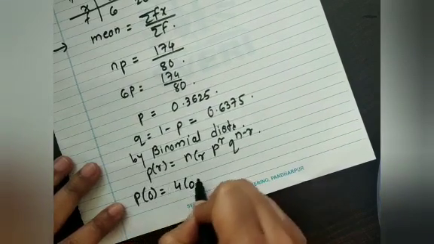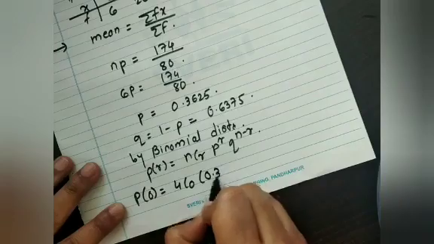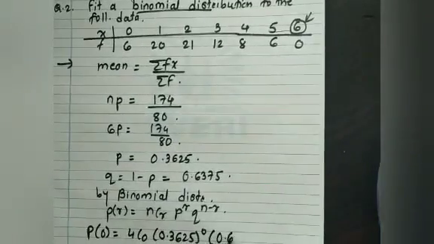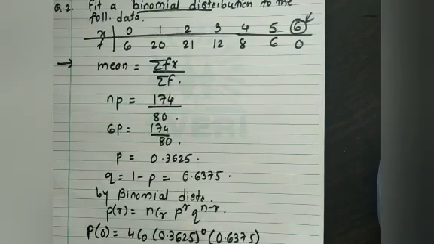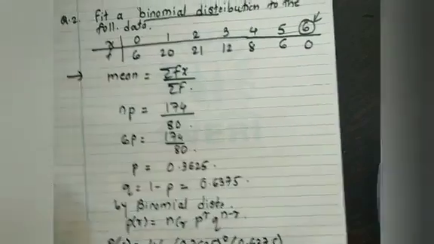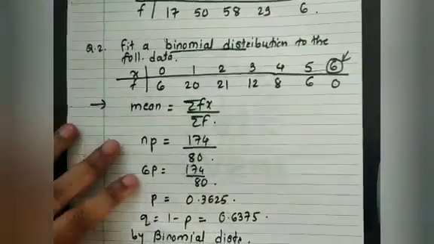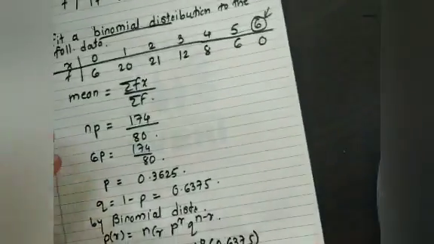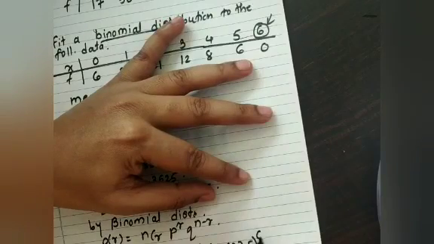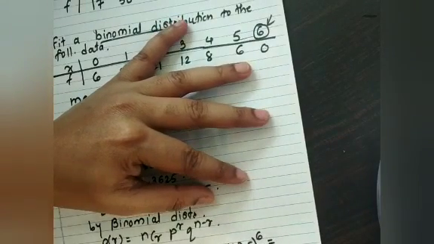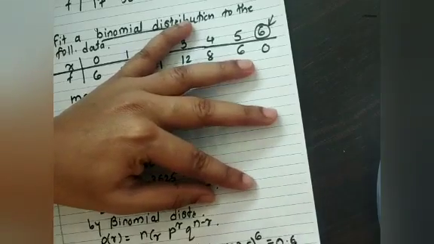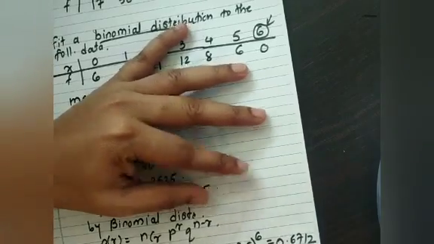This is 6c0, 0.3625 raised to 0 into 0.6375 raised to n, which is now 6, raised to 6 minus 0, that is 6, and the answer is then 0.6712.